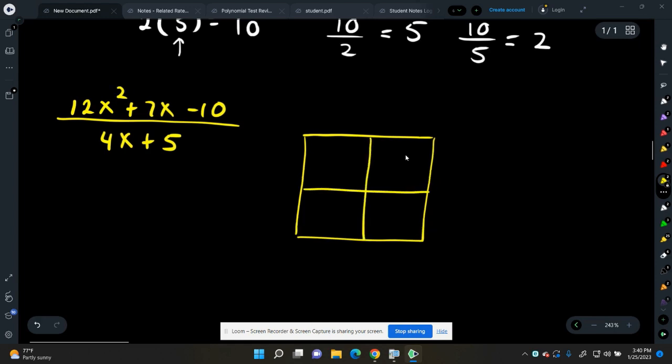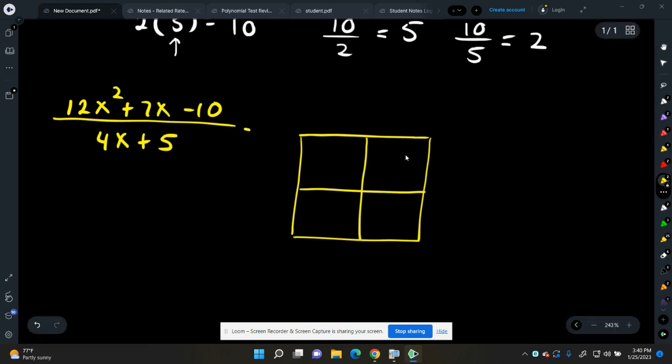Okay. So I'm trying to find what this equals. So basically what I want to know is if I take 4x plus 5 and multiply it by something, what's it going to equal? 12x squared plus 7x minus 10.